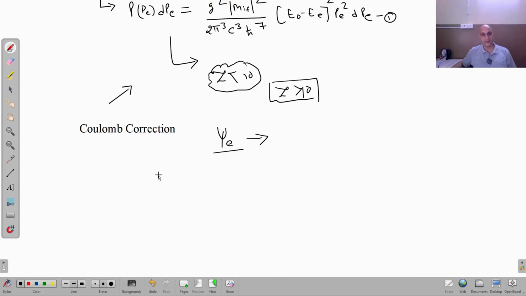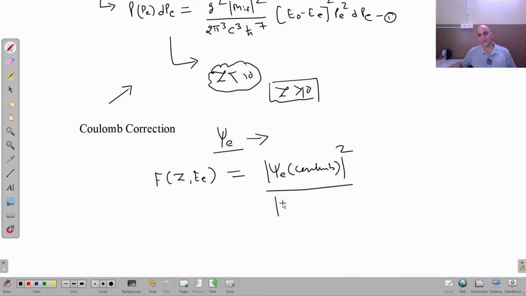That is given as F(Z, E_e). It is the ratio of the wave function of the electron in the Coulomb potential, whole squared, divided by the wave function of the electron in free space, or when the electron is fully free.